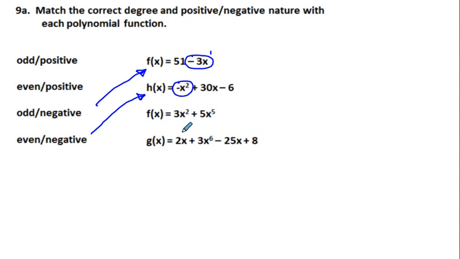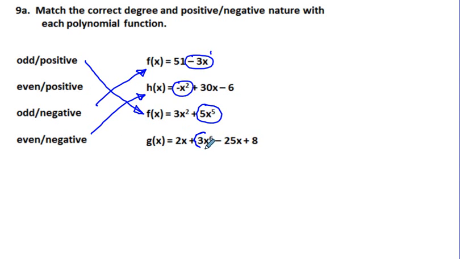Next, f of x equals 3x squared plus 5x to the fifth. Our leading term is going to be this one here, which is going to be odd positive. So that's what this one is going to look like here. And finally, by process of elimination, this one here is going to have to be even positive.